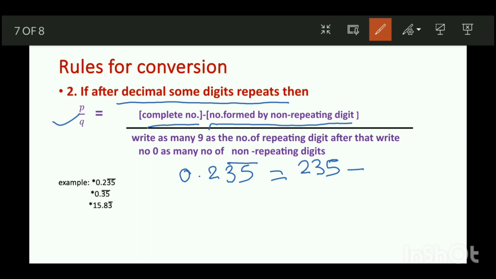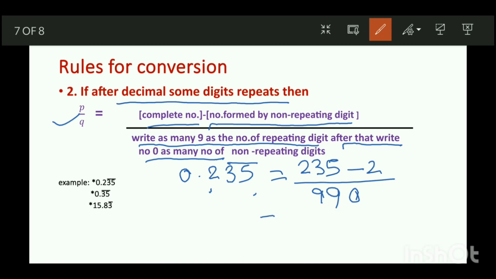The non-repeating digit here is 2. In the denominator we will write as many 9s as the number of repeating digits, here 2, so we will write 2 nines, and after that write as many 0s as the number of non-repeating digits. So we have only one non-repeating digit, so we will put one 0 here.